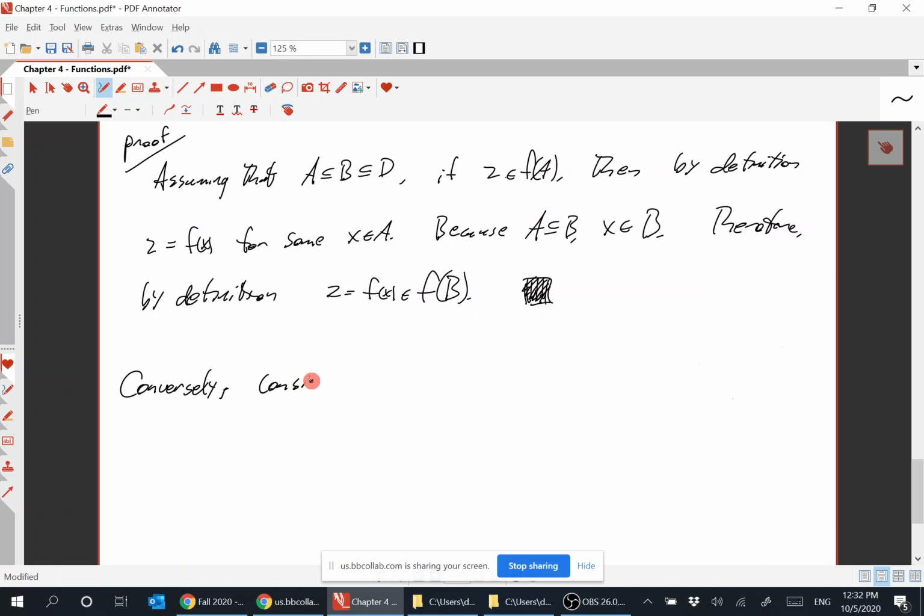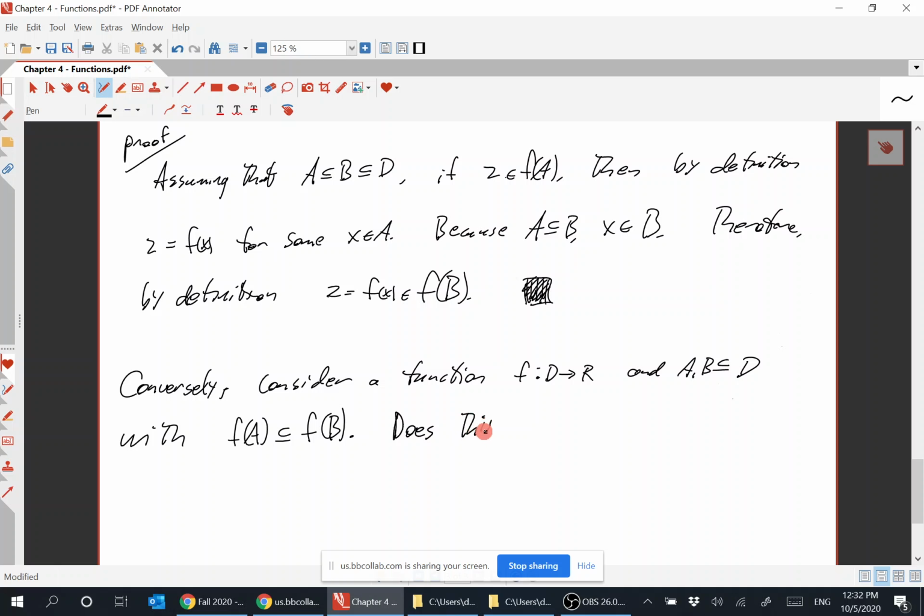consider a function f from domain to range, and A and B that are both subsets of the domain, with f of A a subset of f of B. Does this necessarily imply that A is a subset of B?